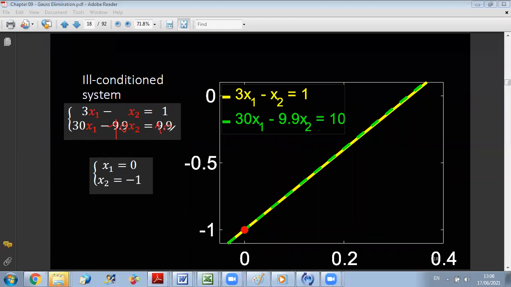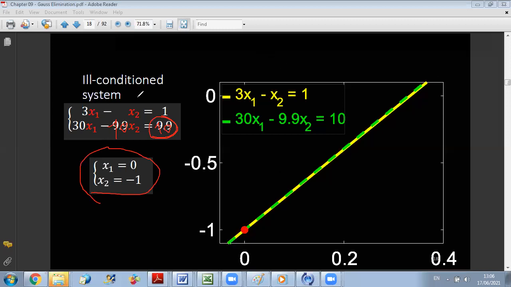If I change it by just 1%, so instead of 10 I put 9.9, I will obtain a solution for my system. I will get an intersection point, but as you can see, the two lines are very close to each other.